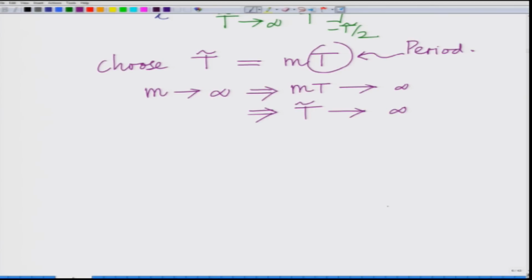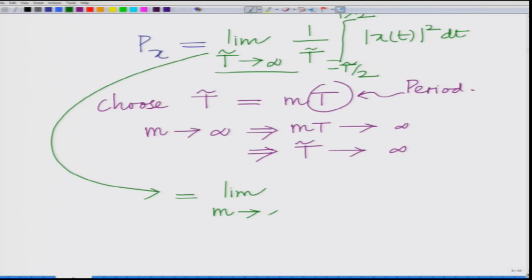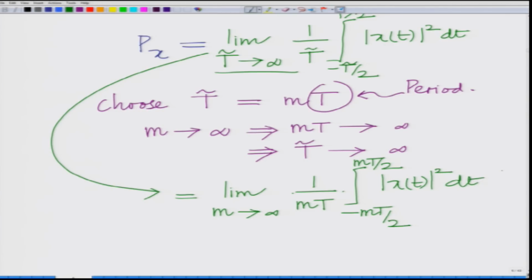So, instead of the limit t tilde tending to infinity, I can equivalently represent this as the limit m tending to infinity of 1 over mT times the integral from minus mT divided by 2 to mT divided by 2 of magnitude x(t) squared dt.